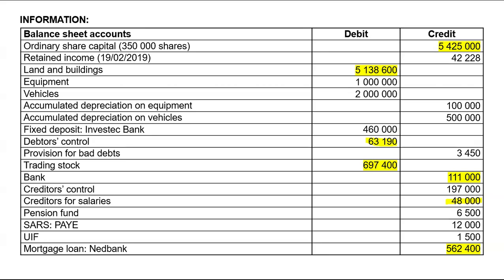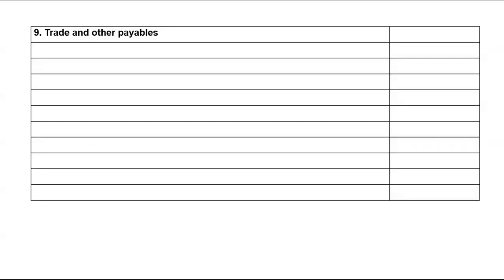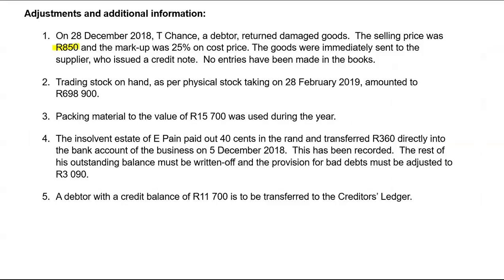From that 197,000, we are going to subtract the 680, which is the cost price of goods that were returned back to the creditor. So in our creditors control, we will simply take that 197,000 and subtract the 680. We are basically done with that transaction.